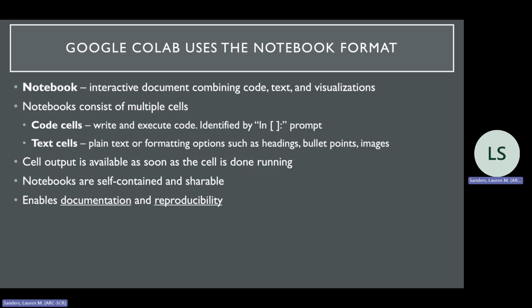So it's almost like a digital laboratory notebook for coding. And the great thing about this is that it enables documentation and reproducibility. So you can send someone your notebook and you can say, this is the exact workflow that I used to get these results. And they can run it and show that they get the same results. So your work is reproducible.